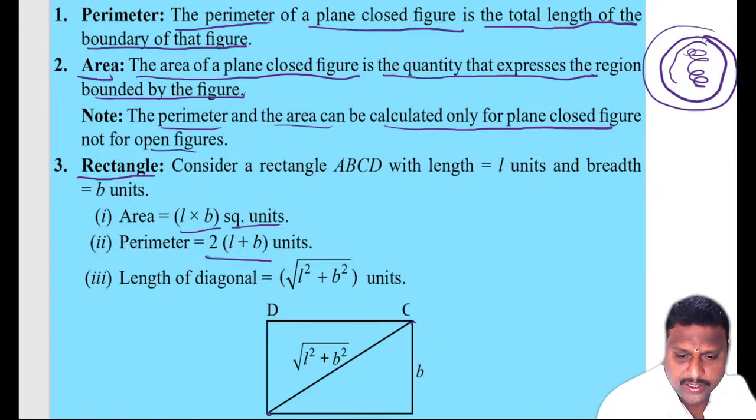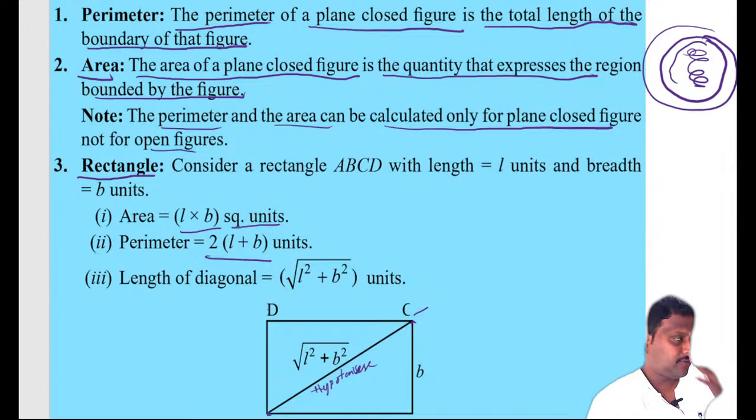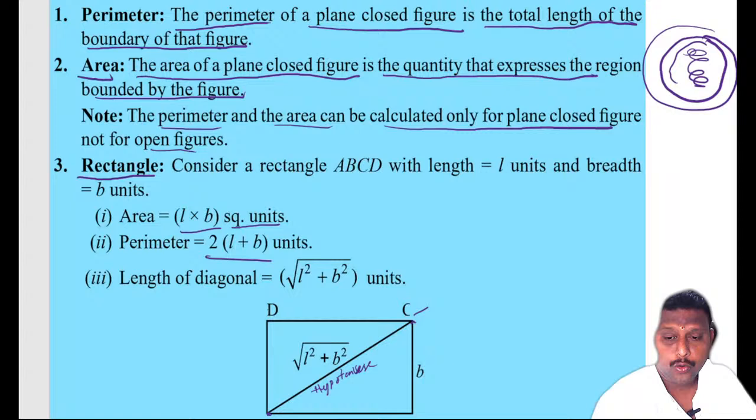If you see the triangle ABC, it is a right angle triangle, and this AC is called the hypotenuse. So the measure of the hypotenuse is the root of L square plus B square according to the Pythagoras theorem.